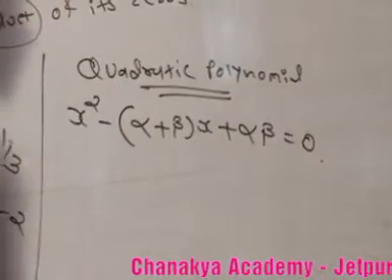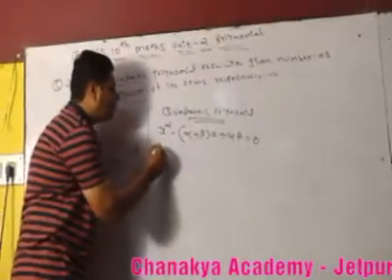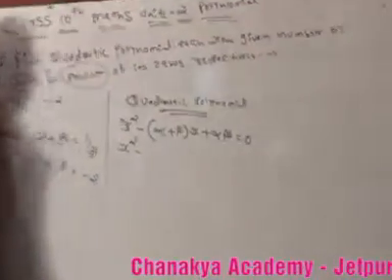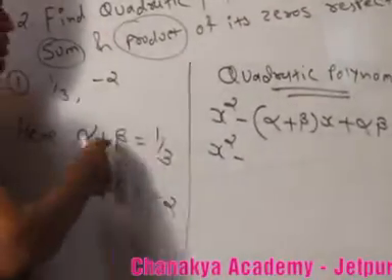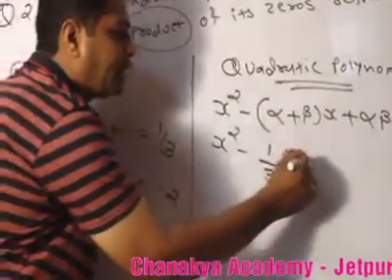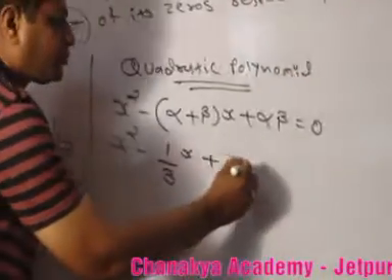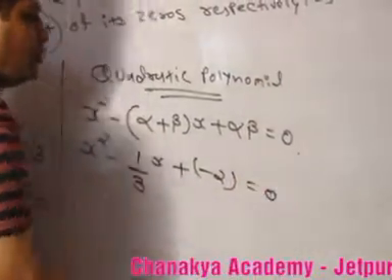Now we just have to input the values of alpha plus beta and alpha beta. x square minus, the value of alpha plus beta given is 1 by 3, x plus alpha beta, substituting the value minus 2, equal to 0.